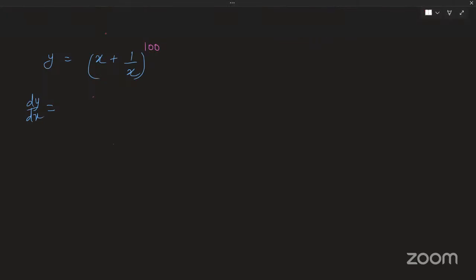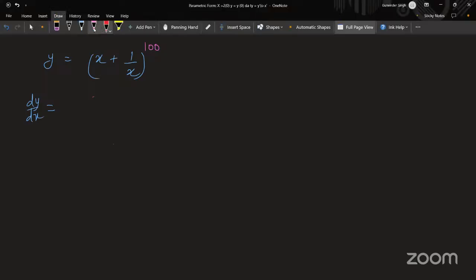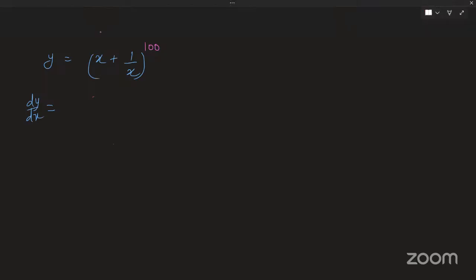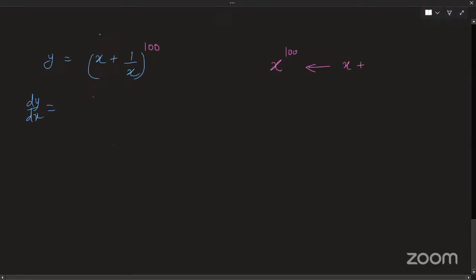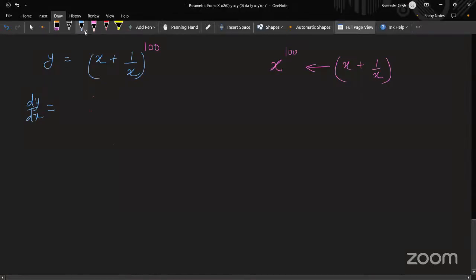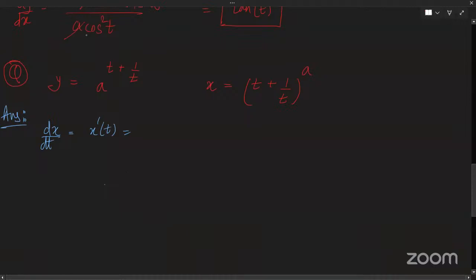Inside x raised to 100, what function is there? Yes, 1 by x. So I require you to do the same thing in t. Just change your variable from x to t, and you'll get the correct thing over here.